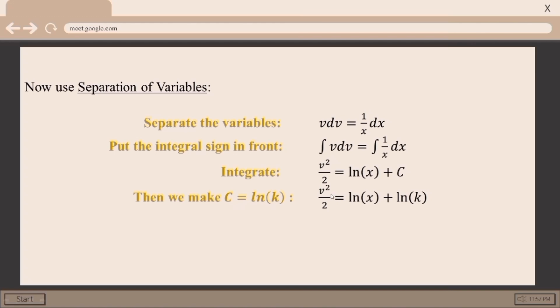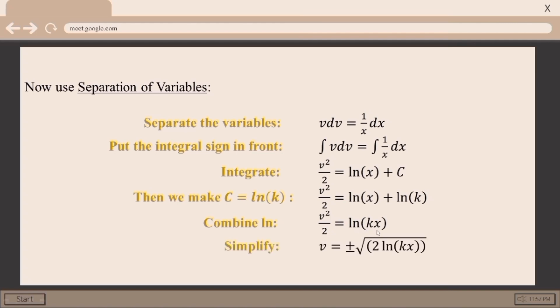So we have v squared over 2 equals ln x plus ln k, replacing the c with ln k. Then combine. If we combine this, we have v squared over 2 equals ln of k times x.